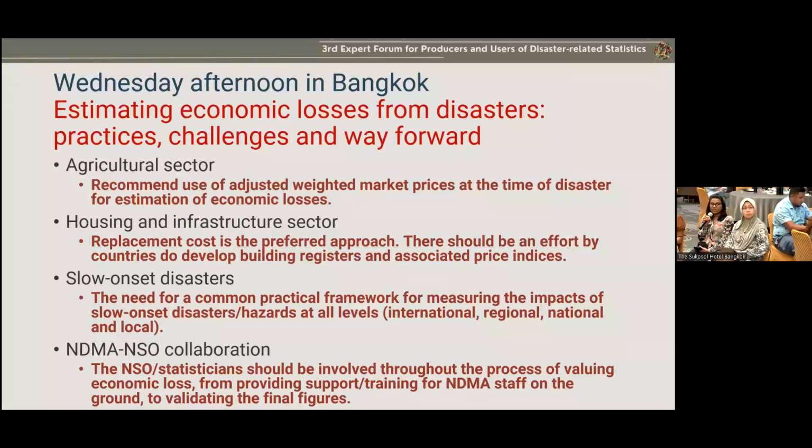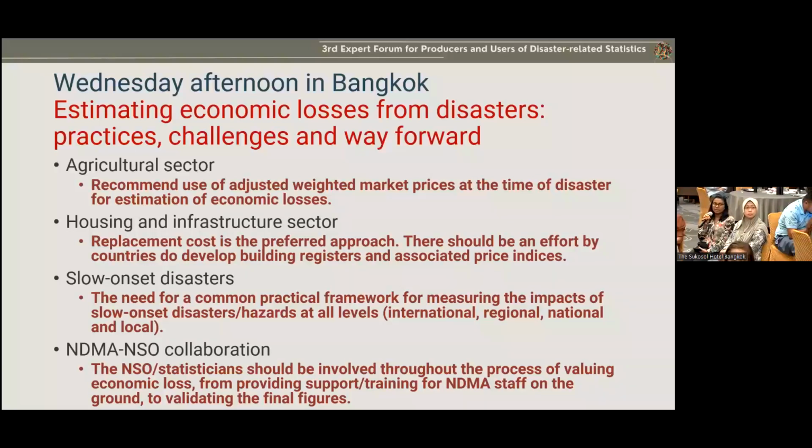And on housing and infrastructure sector, replacement cost is the preferred approach. It was agreed upon by all countries, and there should be an effort by countries to develop building registers as well as associated price indices to strengthen these areas. And on slow onset disasters, it was agreed that there is a need for a common practical framework for measuring the impacts of slow onset disasters and hazards at all levels, including the international, regional, national and local level as well.